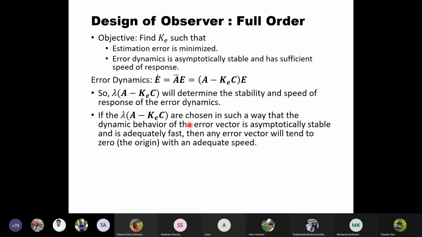If I choose the eigenvalues of A minus KeC in such a way that the dynamic behavior of the error vector is asymptotically stable and adequately fast, then any error vector will tend to 0 with adequate speed.